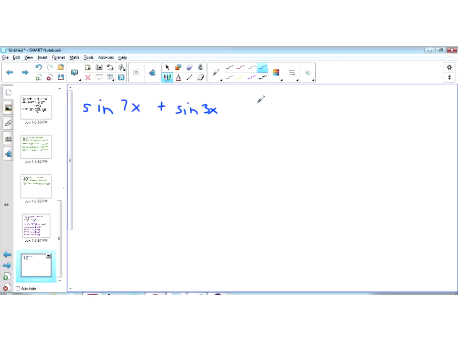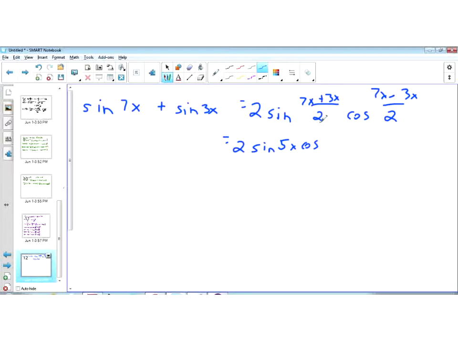If we use the preceding formulae, that would equal 2 times the sine of the sum of the two numbers, 7x plus 3x over 2, times the cosine of the difference, 7x minus 3x over 2. Simplifying, that would be 2 times the sine of 5x times the cosine of 2x.